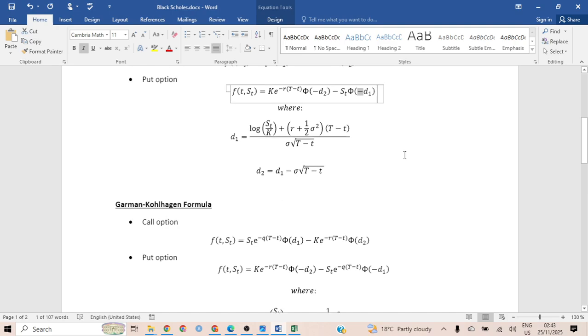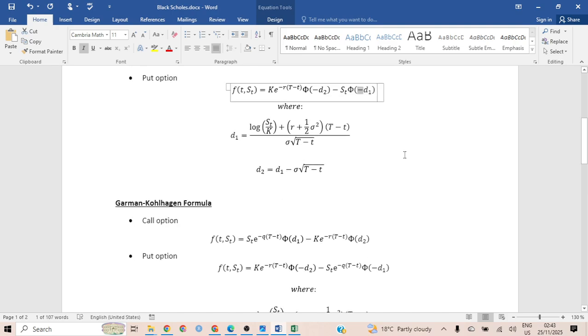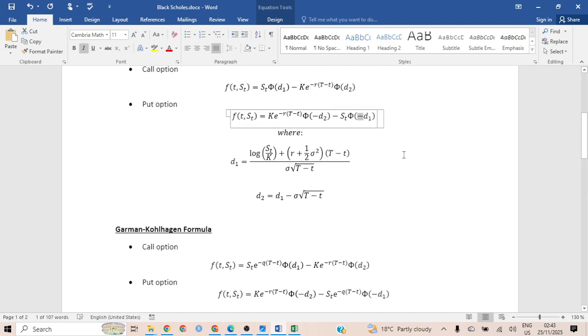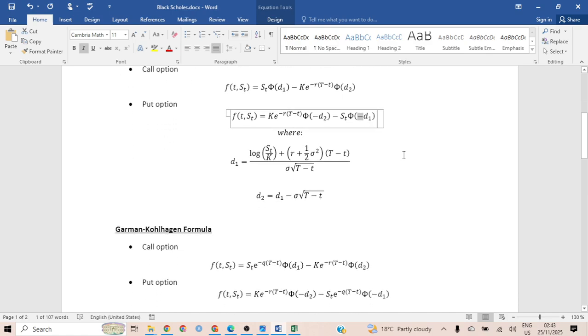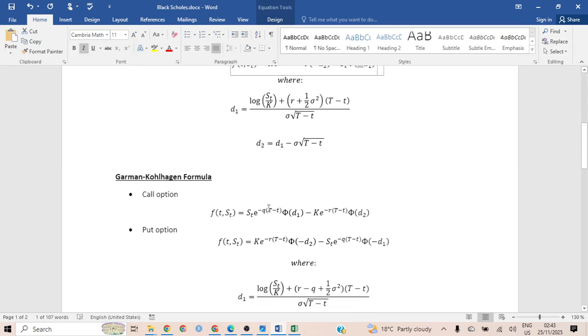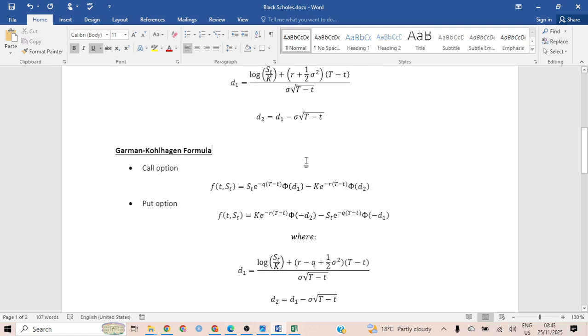From there, we go on to look at the Garman-Kohlhagen formula. This is very similar to the Black-Scholes formula, only here we are also accounting for the dividend rate. The dividend rate in this case is given by Q. It goes without saying that the dividend rate will be attached to the share price and not the strike price.